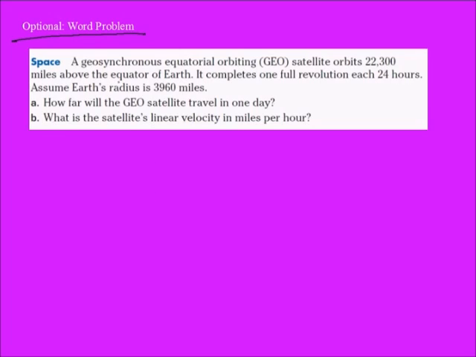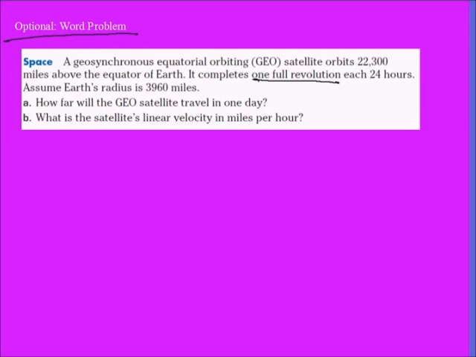But a geosynchronous equatorial orbiting satellite, a geosatellite, orbits 22,300 miles above the equator of the Earth. It completes one full revolution every 24 hours, and we're going to assume that Earth's radius is 3,960 miles. So how far will the geosatellite travel in one day?